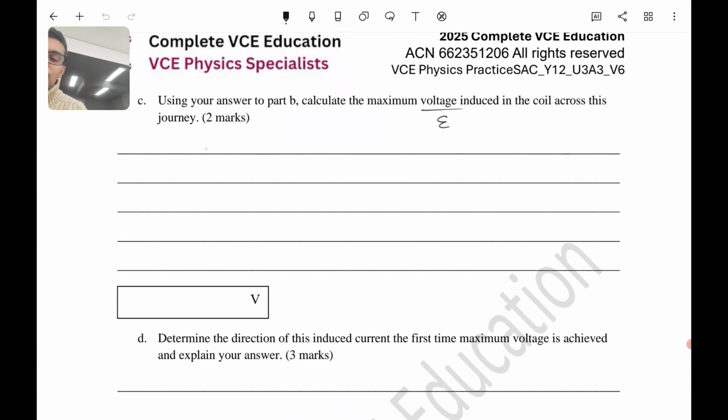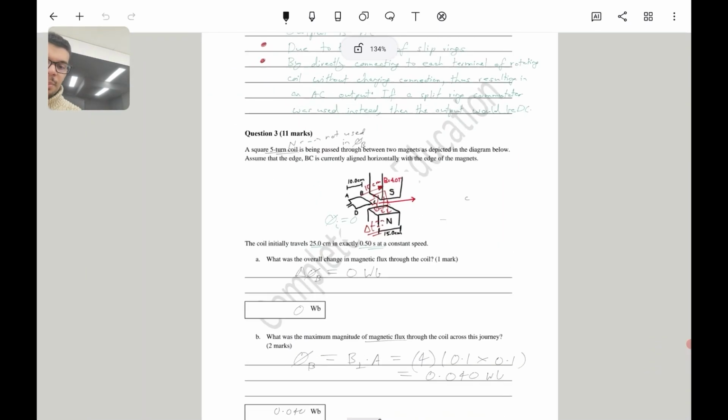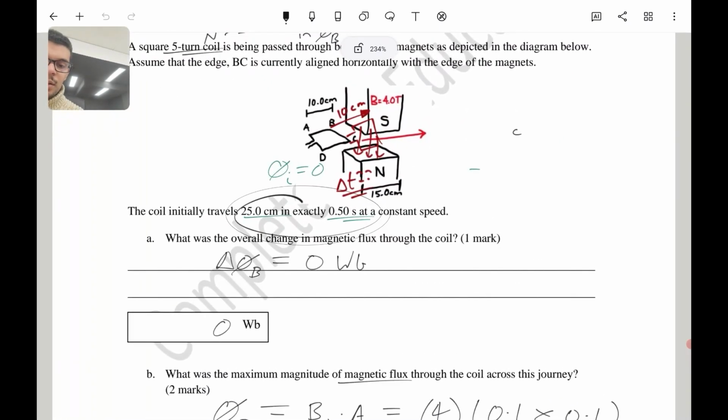So first of all, we have to look at the distance again, and we have to multiply this distance by these values, 25 centimeters and 0.5 seconds.